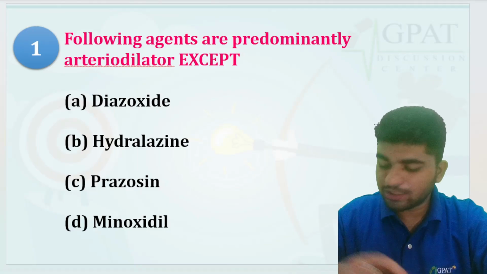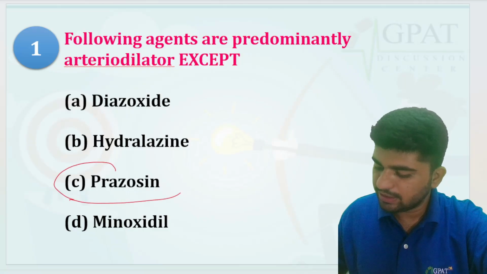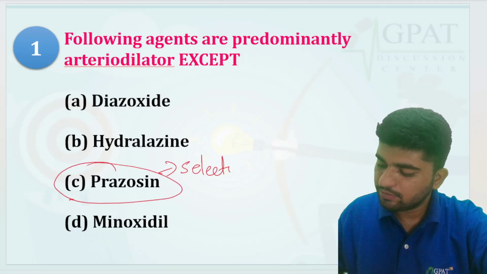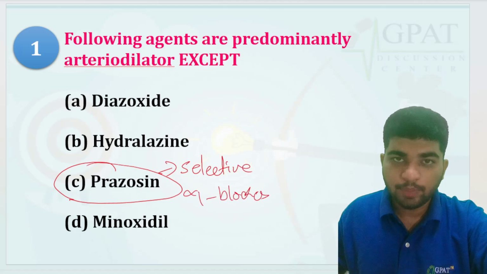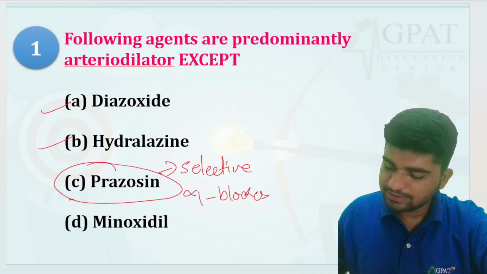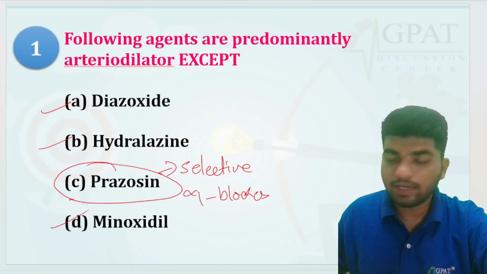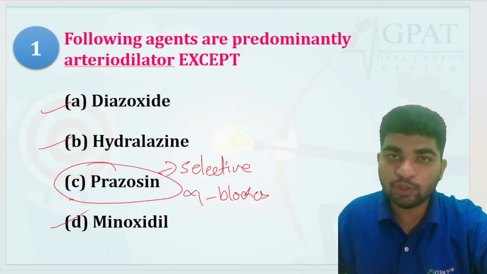The option is prazosin. Prazosin is a selective alpha 1 blocker, which is not an arteriodilator.